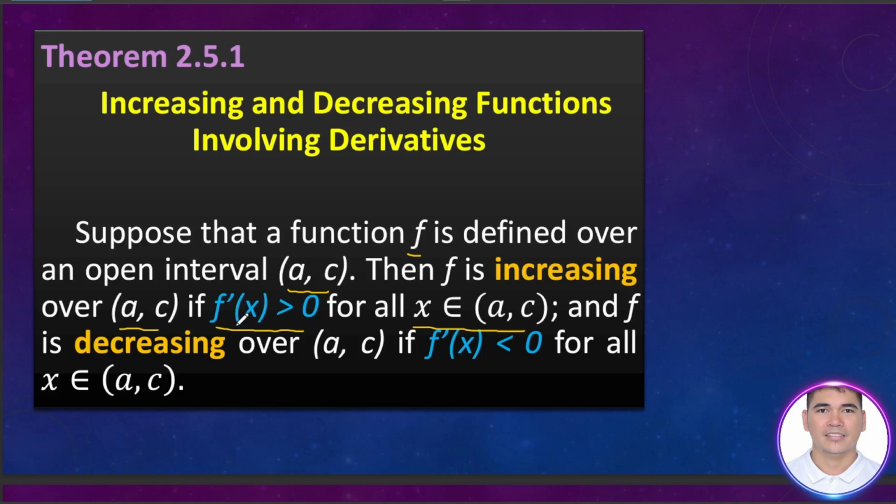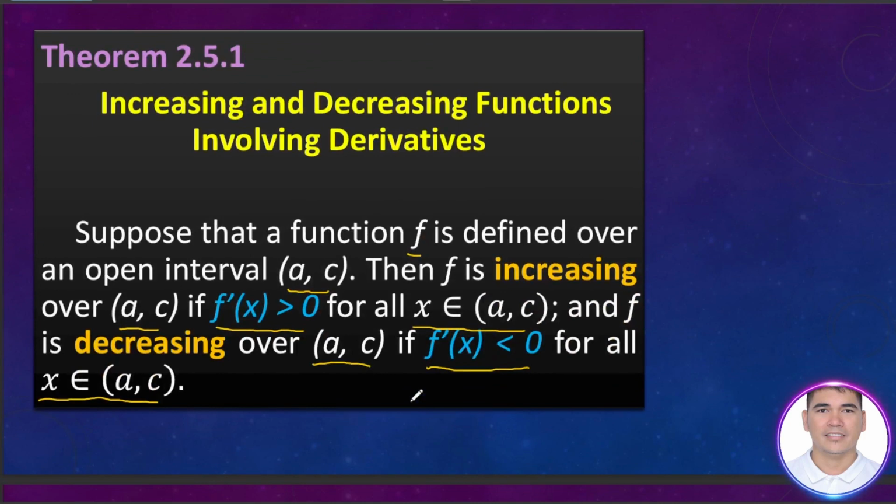So if the result is greater than 0, the function is automatically increasing. And f is decreasing over the open interval AC if f prime of x is less than 0, the opposite of the first case, for all x in the open interval AC. So the only difference: if f prime of x is greater than 0, increasing; if less than 0, decreasing.